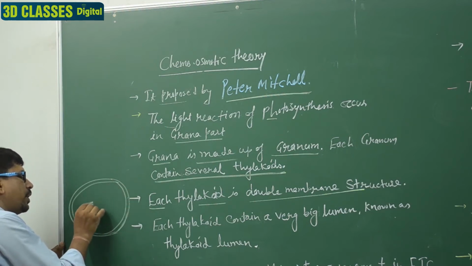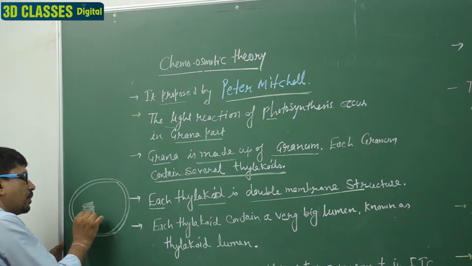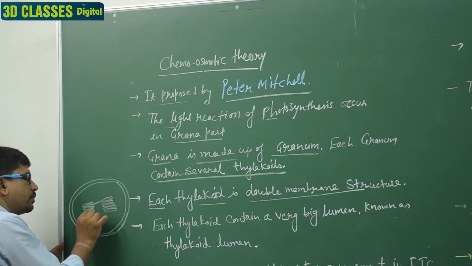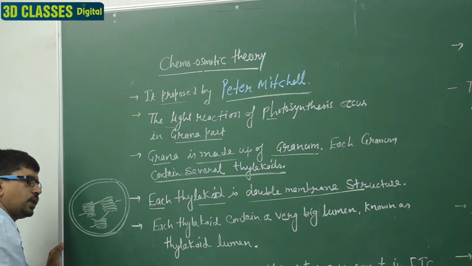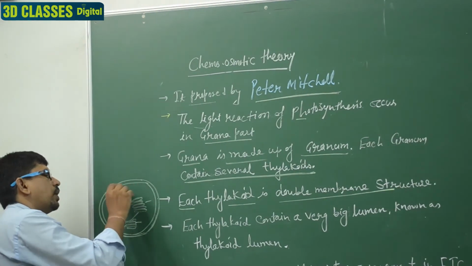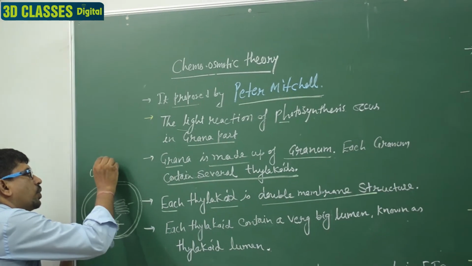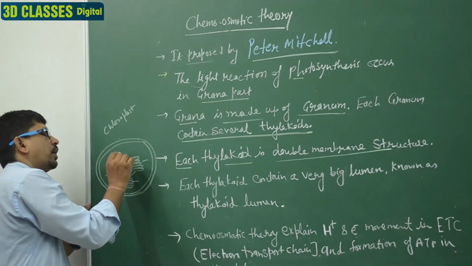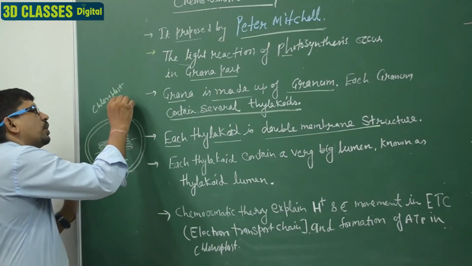That is the granum. These are the granum. Clear? Each one is known as a thylakoid. That is the chloroplast. And these are the grana part, and this structure is known as the thylakoid.